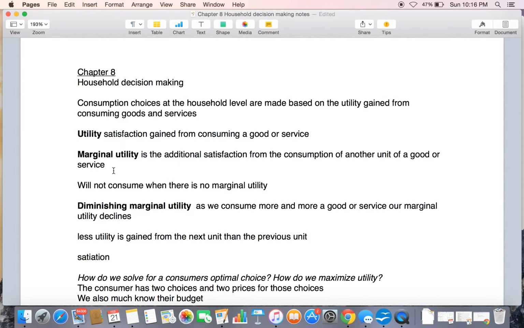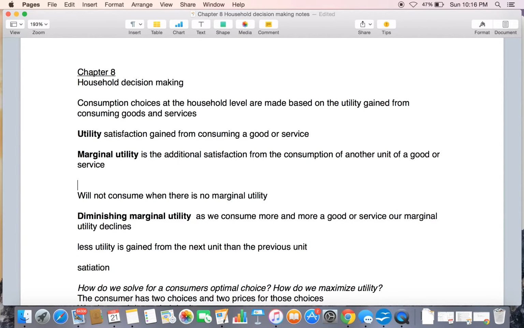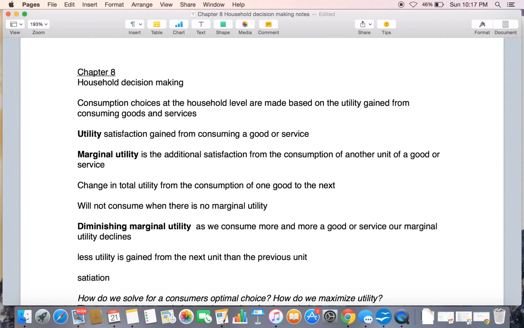So to compute marginal utility, we're just going to be looking at the change. Marginal utility is measured as the change in total utility from the consumption of one good to the next.